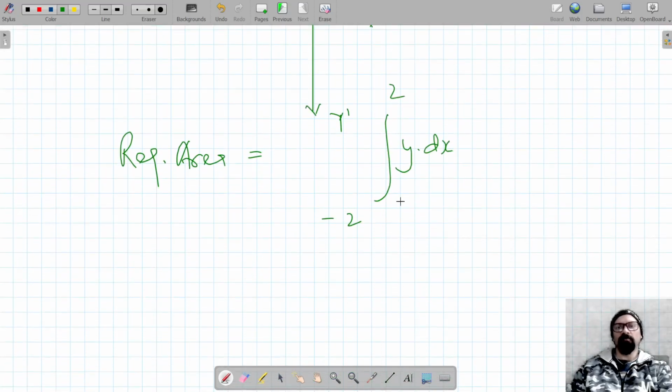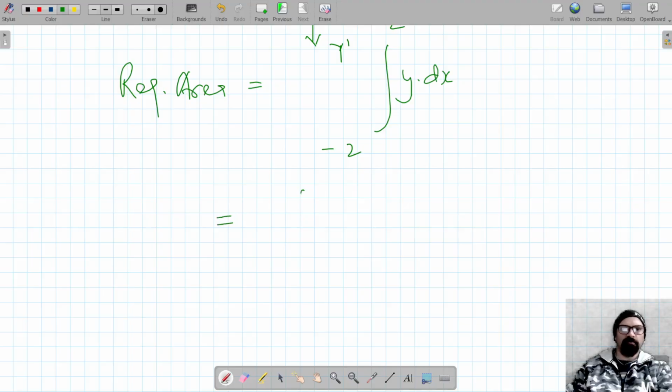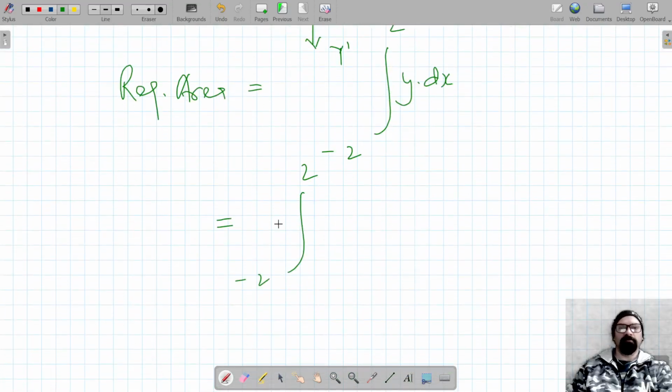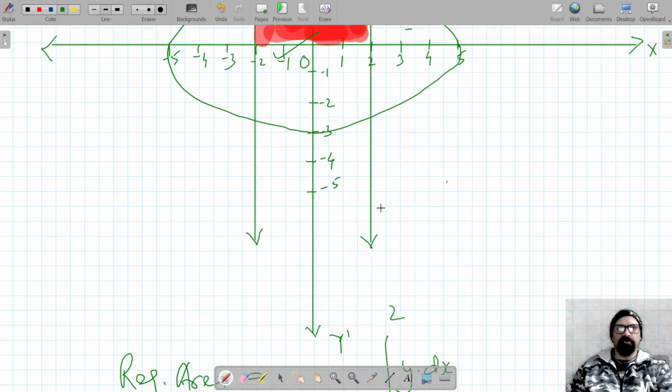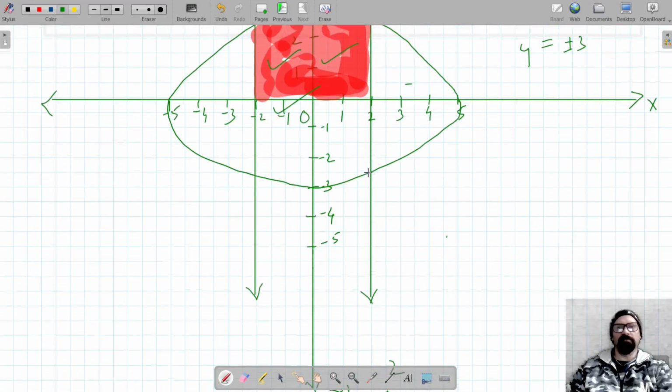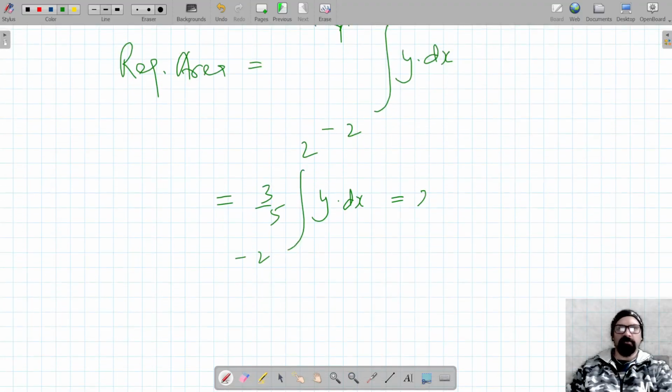So y dx means this goes from the limits -2 to 2, and 3/5 is out. Because these two regions are symmetrical, I can write it as 2 times 3/5, 2 times the region that goes from the limit 0 to 2.